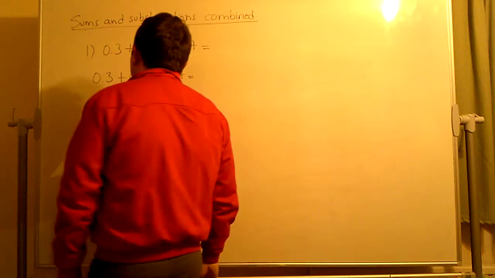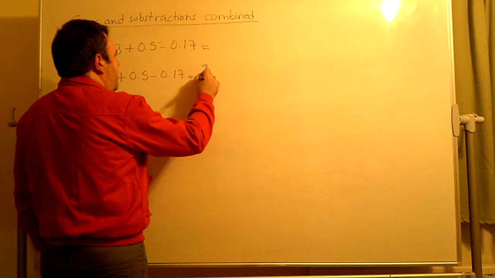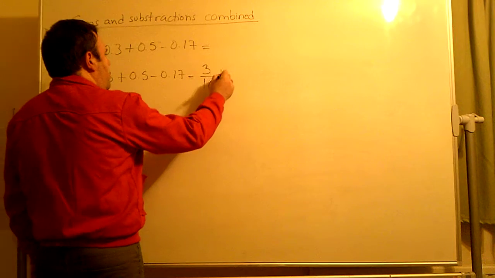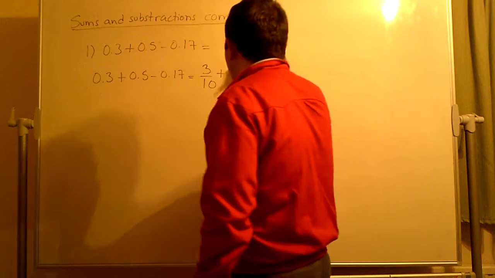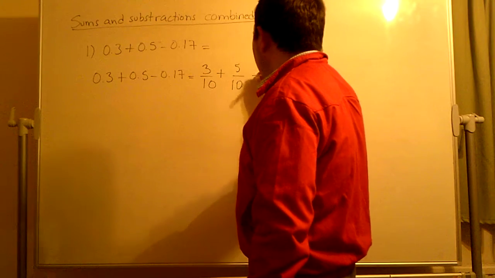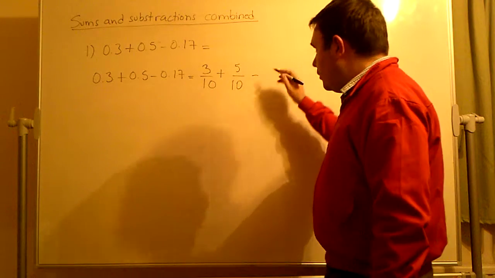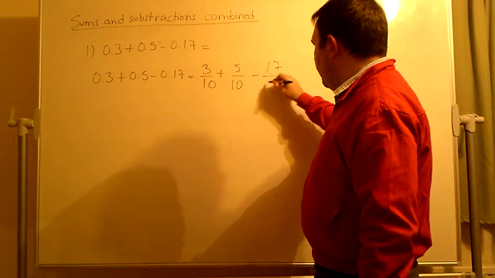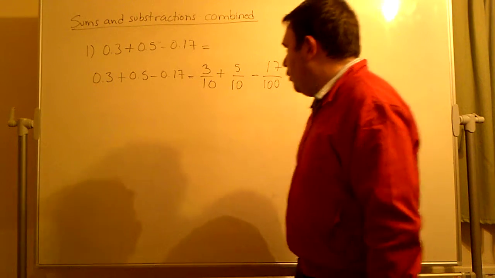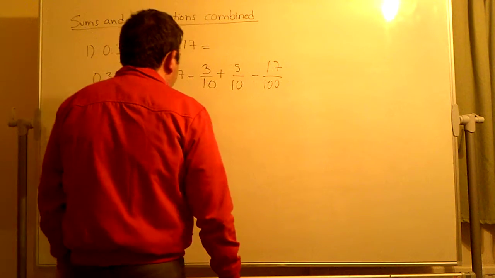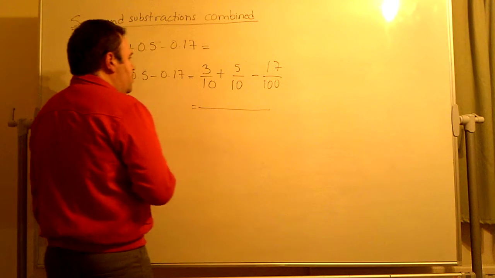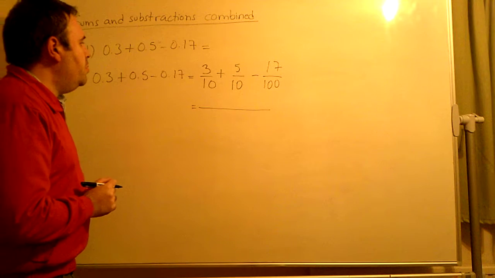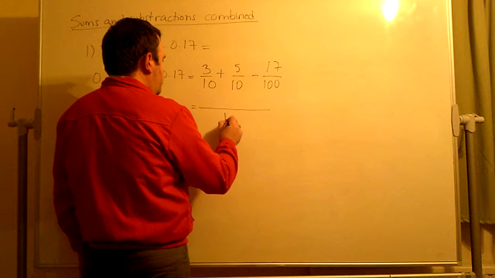So 0.3 is 3 divided by 10 plus 0.5, which would be 5 divided by 10 minus 17 divided by 100. So we need to find the least common multiple, which in this case would be 100.